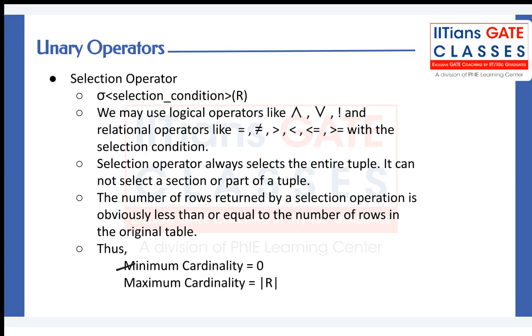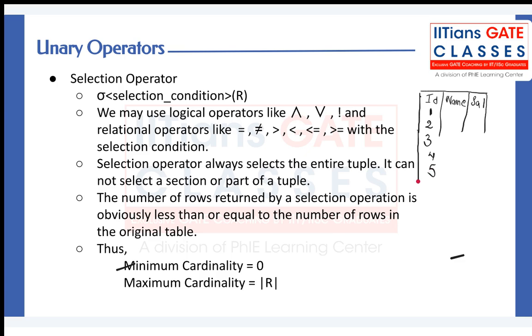And the number of rows returned by a selection operation is obviously less than or equal to the number of rows in the original table. What that means is, let's say I give you a problem. This is the ID, this is the name, and this is the salary. Let's say there are 3 columns in a table: ID, name, and salary. I'll write some random numbers 1, 2, 3, 4, 5.